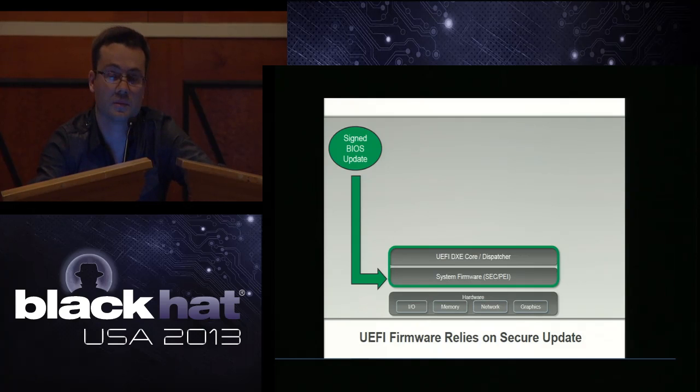It has to be updatable. You have to be able to patch it. So in order for this piece of software to be updatable, it has to rely on the update mechanism being secure, or let's say signed. So it has to use signed UEFI-based capsule updates, for example.